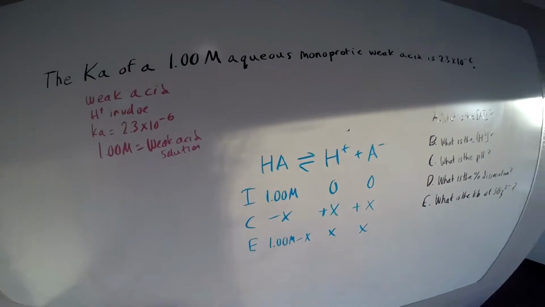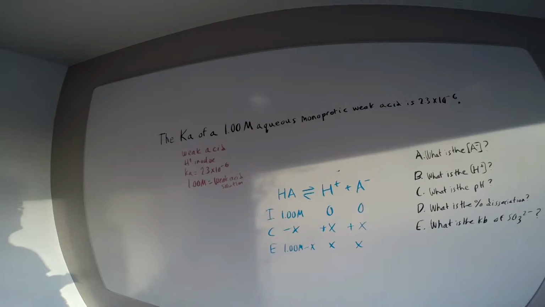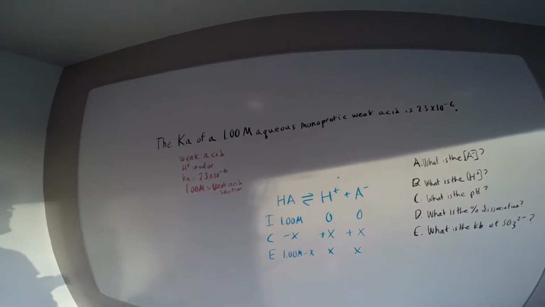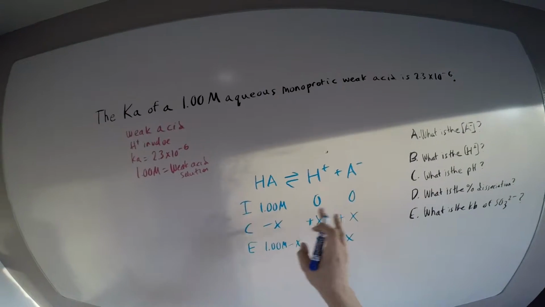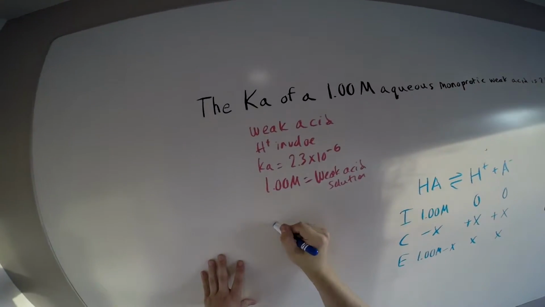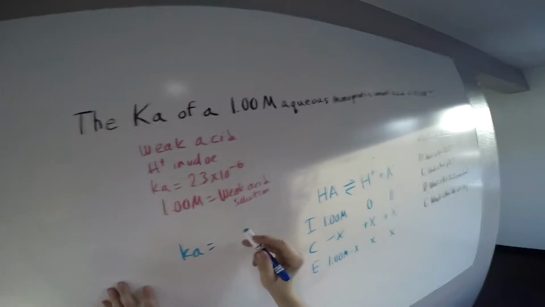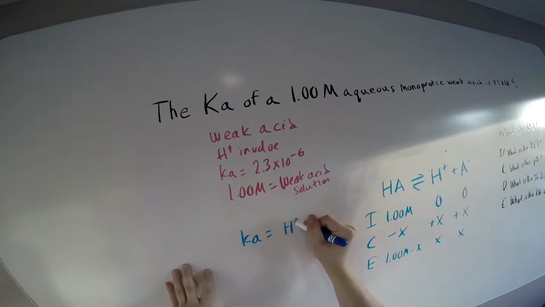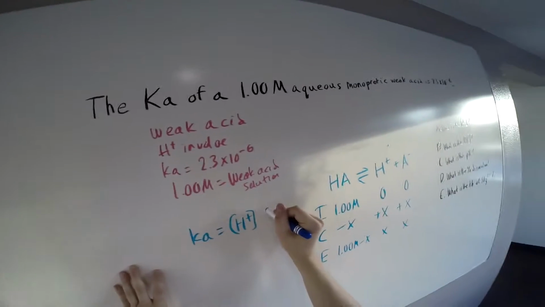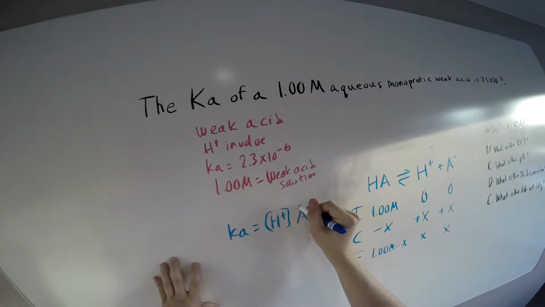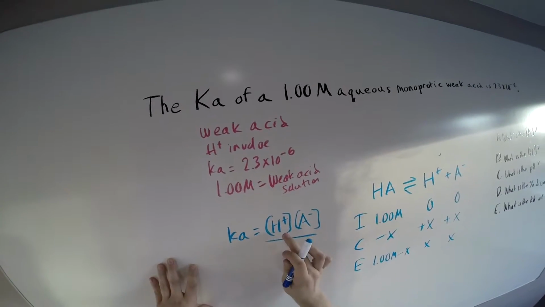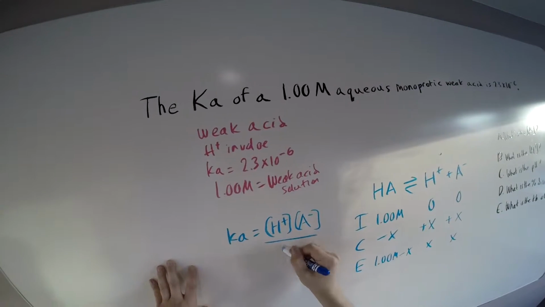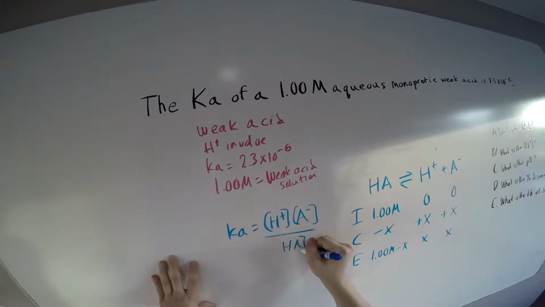And the relationship between Ka and your equilibrium concentrations is: Ka is equal to the H+ concentration times the A- concentration over the HA concentration.